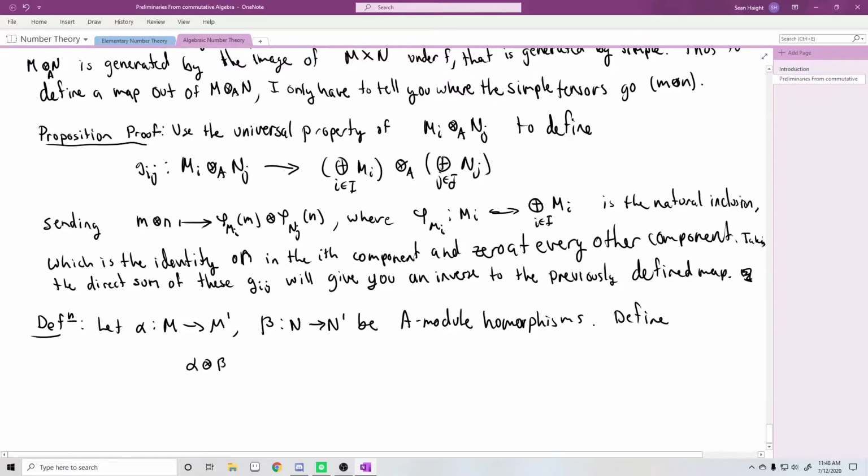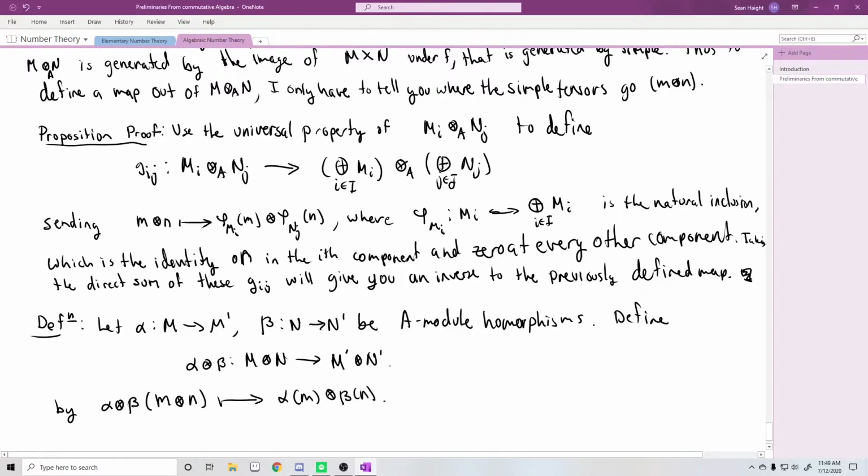Alpha tensor beta goes from M tensor N to M prime tensor N prime. It acts on a simple tensor basically the way you would hope: I just take the tensor product of the images of these two maps.